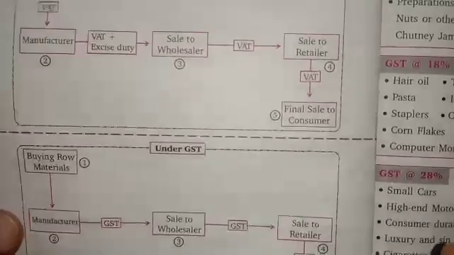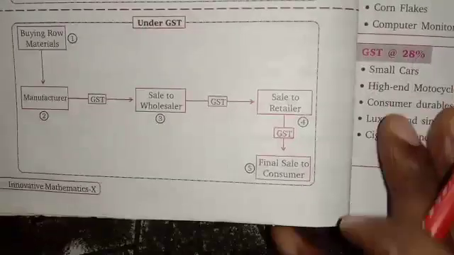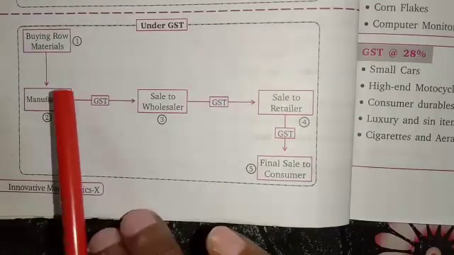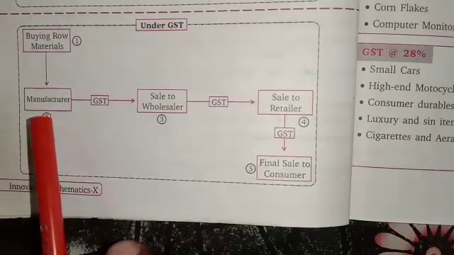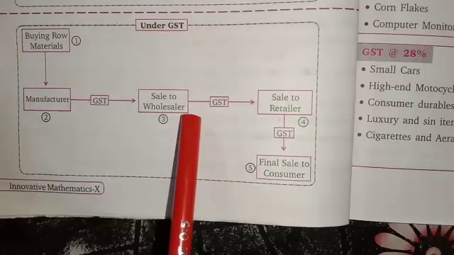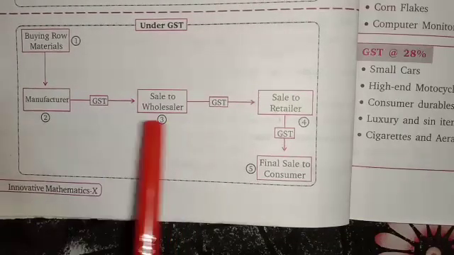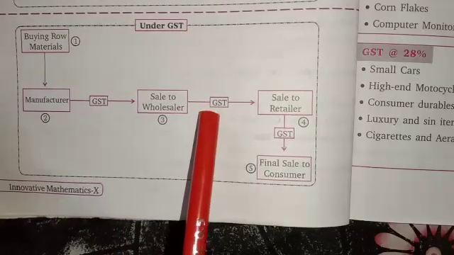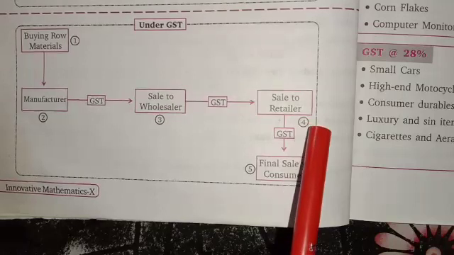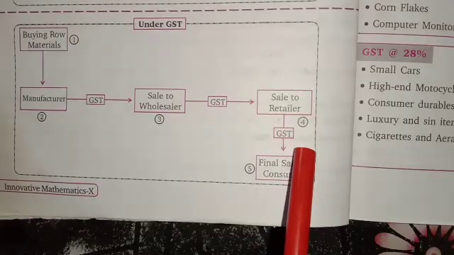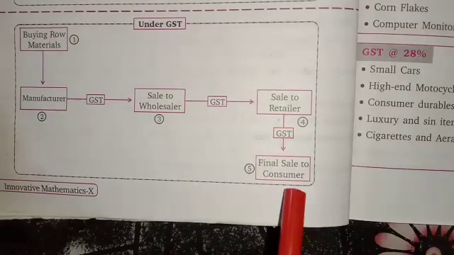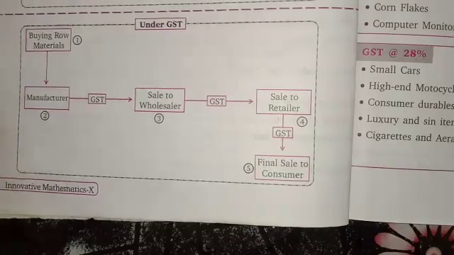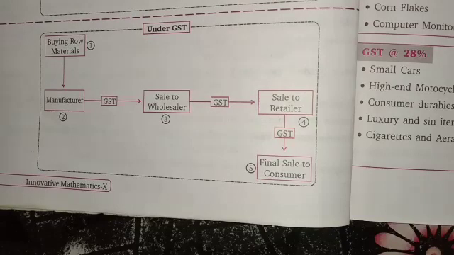Now under GST, it is the format like this: buying raw materials, going to manufacturer, manufacturer sells to wholesaler after adding GST. Again GST, goes to sell to retailer, retailer plus GST, it will be final to consumer. Here the format is given. Okay, you have to memorize thoroughly.